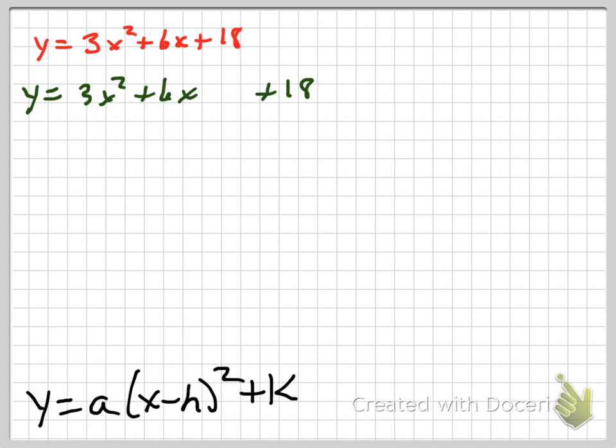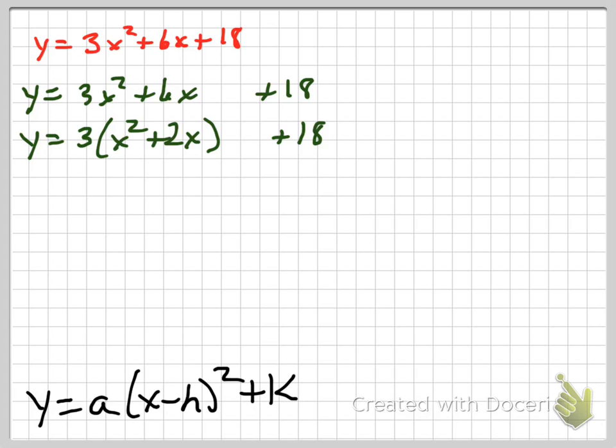Step 2, we have to factor out the leading coefficient out of the first two terms, not including the 18. Okay? It has to be taken out. If there is no leading coefficient, you skip that step.